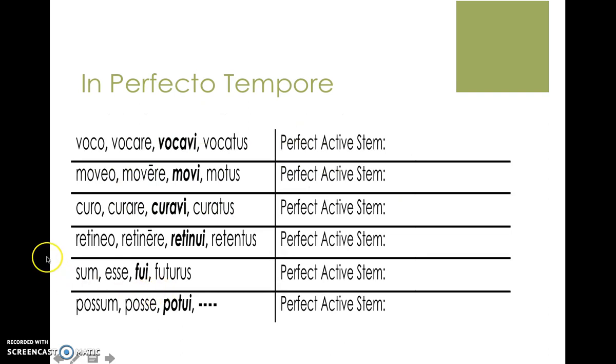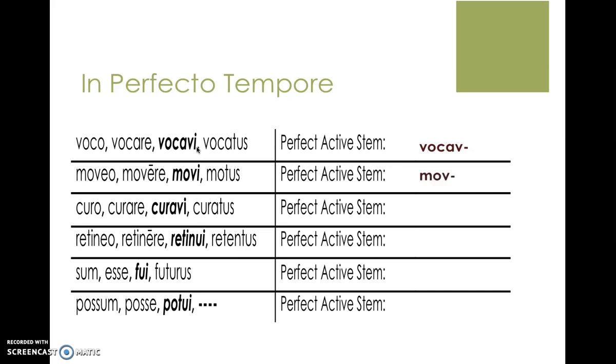So, as we've seen before, we've typically used that second principal part, but now we have to switch principal parts and use number 3 here, and we're going to drop its I out, and that's going to give us a new stem called the perfect active stem, to which we'll add our perfect active endings. So the perfect active stem for the verb vocare, to call, would be vocav. The perfect stem for the verb to move is mov.